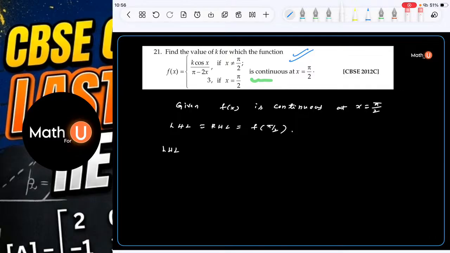You can find it directly, otherwise you can use the formula. What is the left hand limit? It is equal to limit x tends to pi by 2 minus f of x.